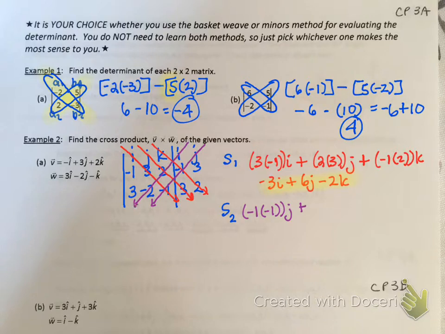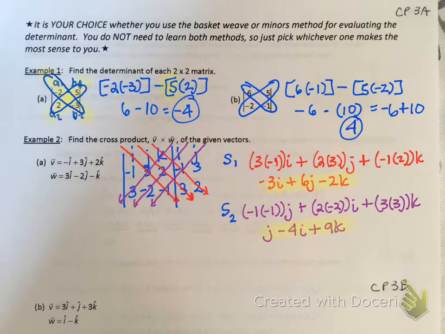I get 2 times -2, plus K is 3 times 3. Okay, simplify this down. I get 1J minus 4I. 3 times 3 is 9, so I get plus 9K. So this is sum 2.